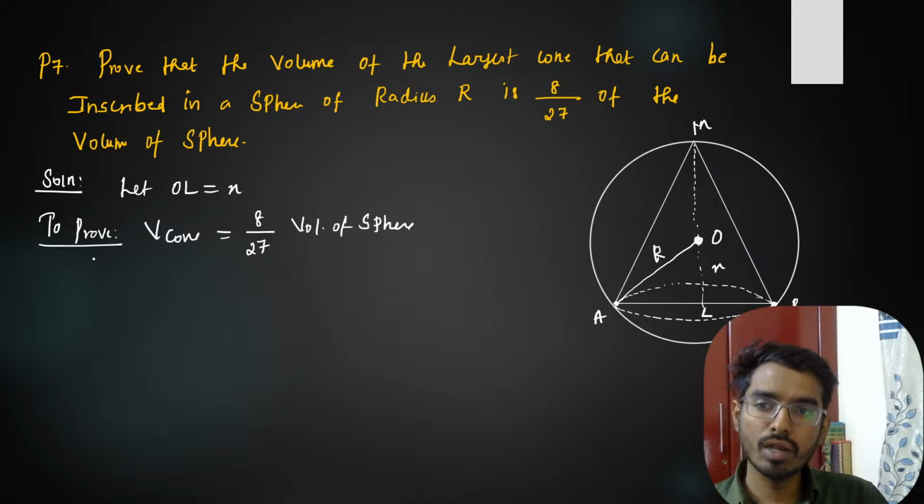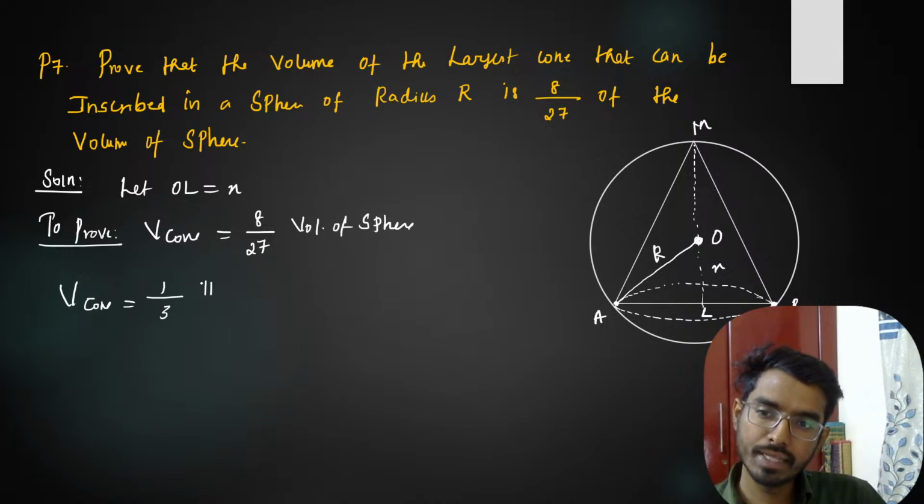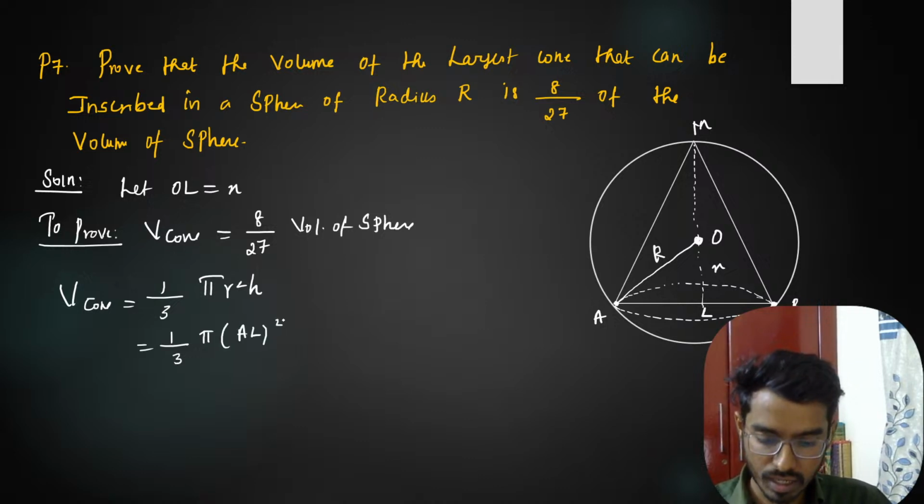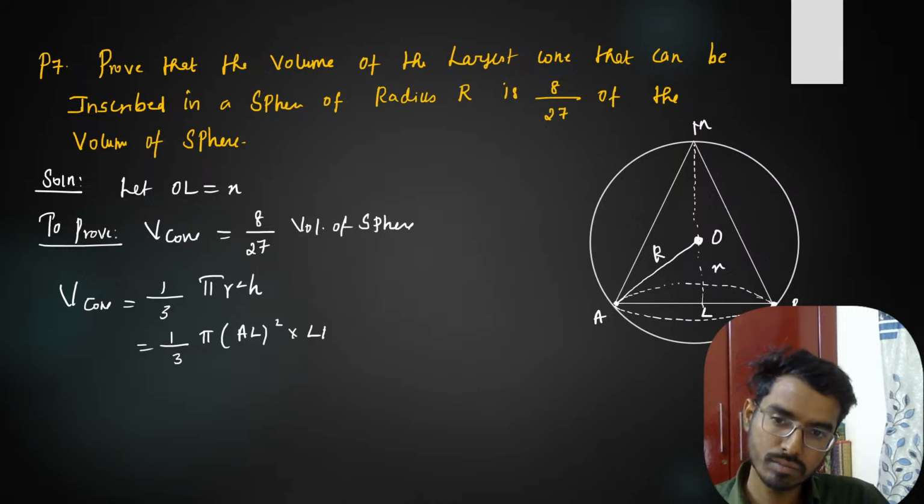We need to maximize the volume. So we will maximize the volume of cone. So what is volume of cone? 1 by 3 pi r square h. Now 1 by 3 pi times what is radius? Radius is AL square. Height of the cone is LM, right?